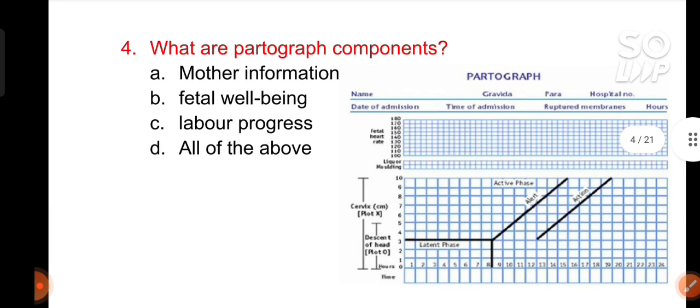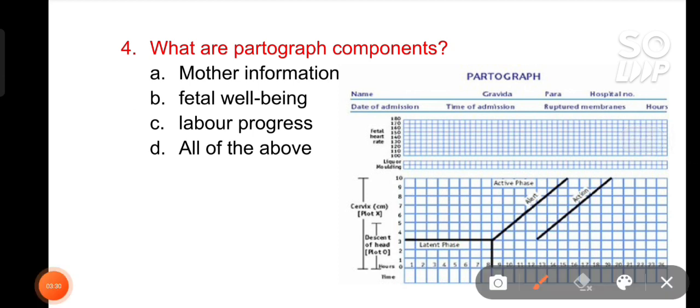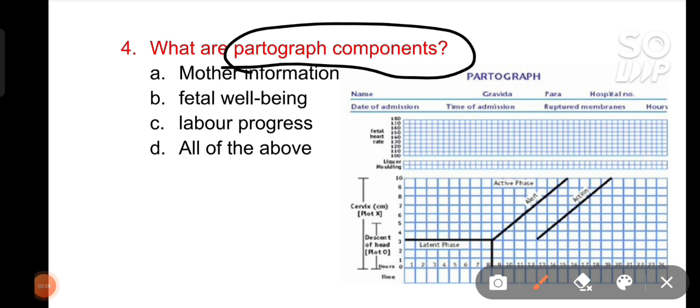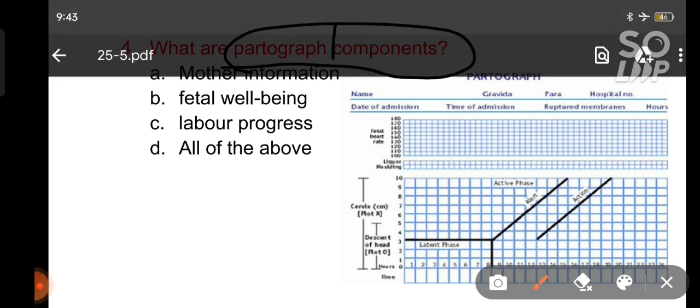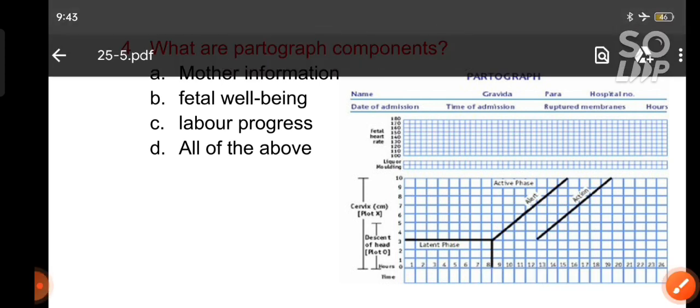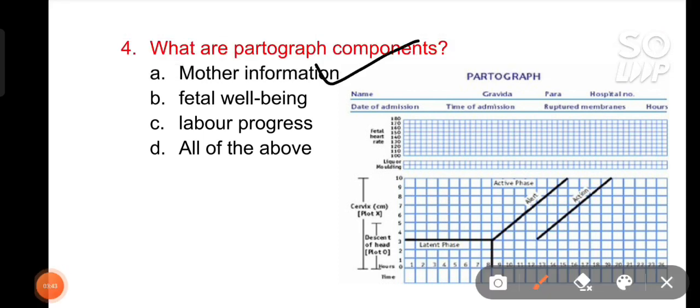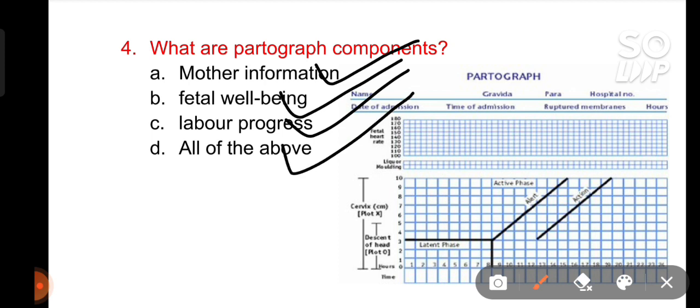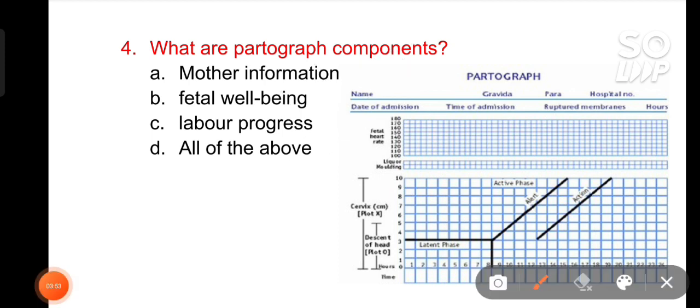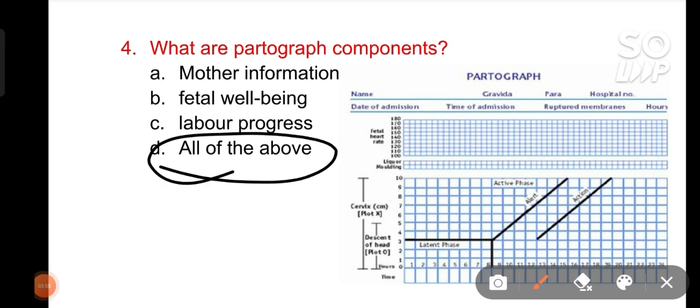The next question is, what are the components of the partograph? What are the main components of the partograph? The options are: A, mother information, option B, fetal well-being, option C, labor progress, option D, all of the above. The right answer is all of the above.